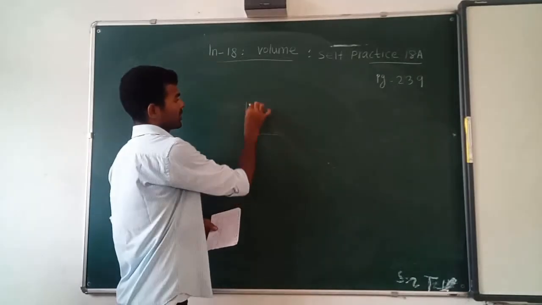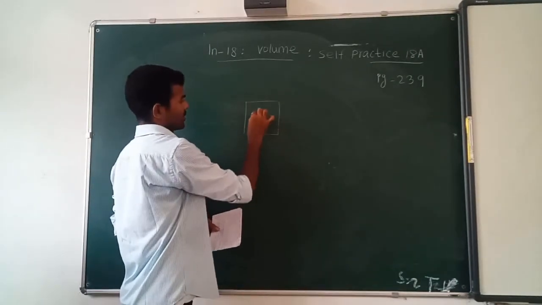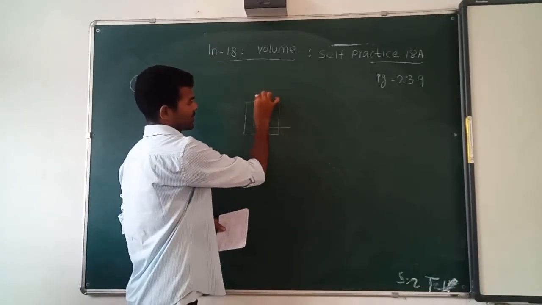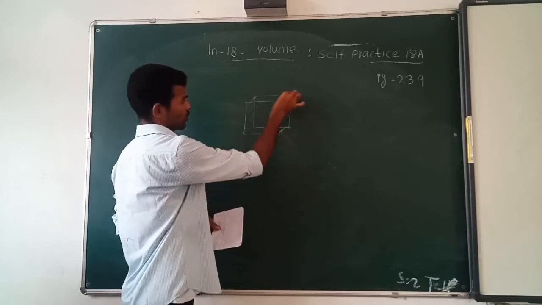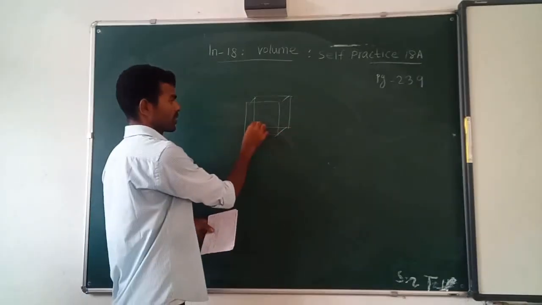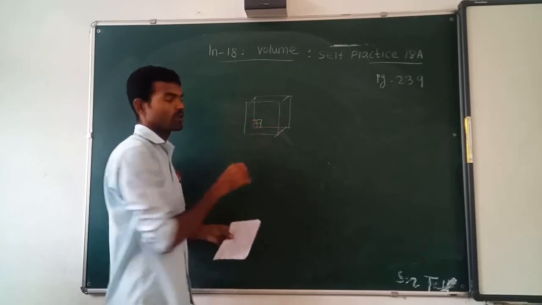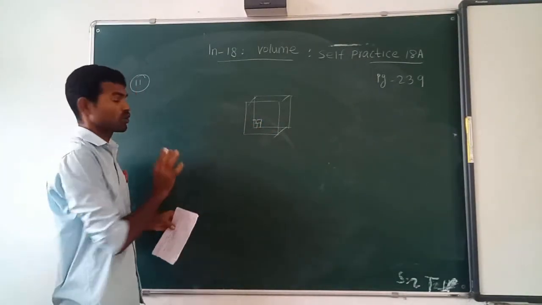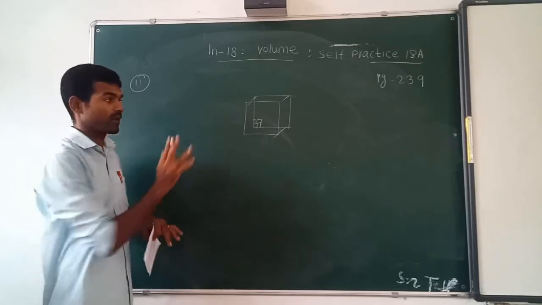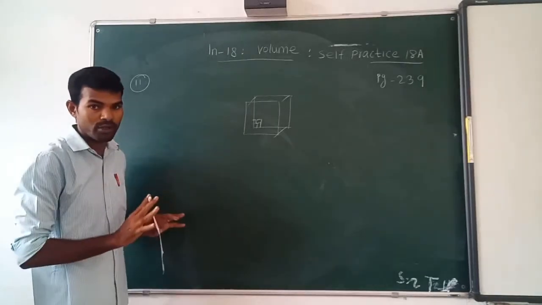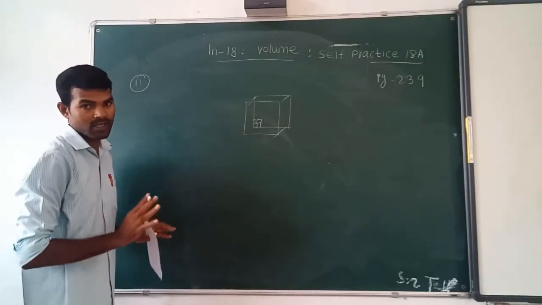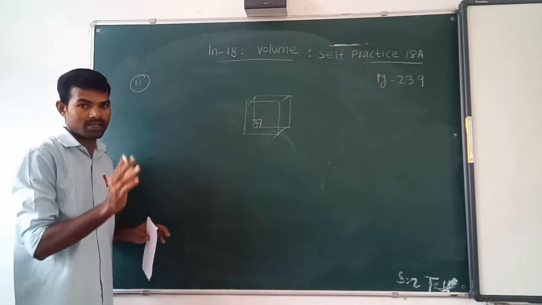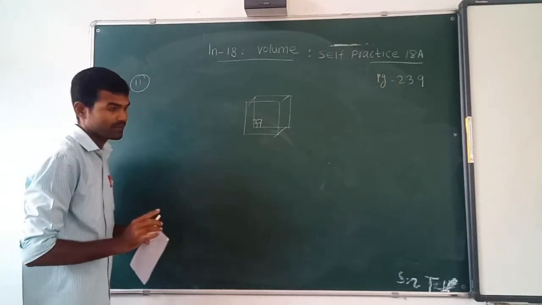In total there are 36 one-centimeter cubes, small cubes. So how many cuboids can you make? You have to make 6 cuboids, and we have to give the measurements.